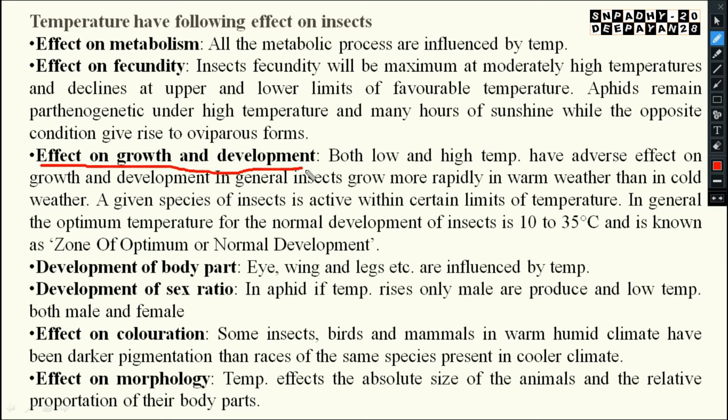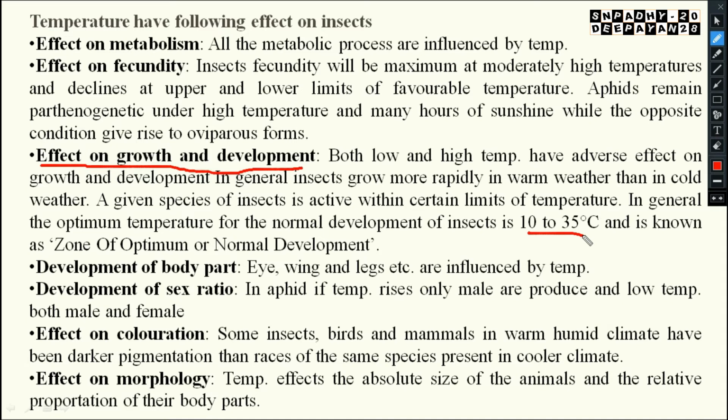Generally in case of insects, they prefer a narrow limit of temperature. Some range is there, and that range is 10 to 35 degrees centigrade. In this temperature zone, their development will be optimum. They will undergo a normal developmental process, neither slowed down nor accelerated.